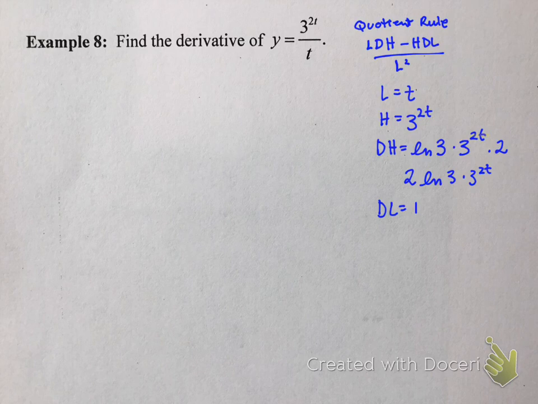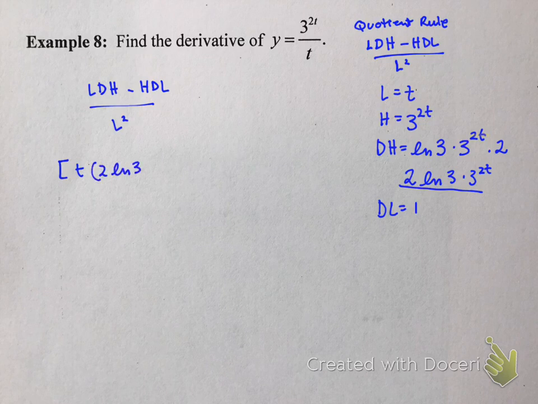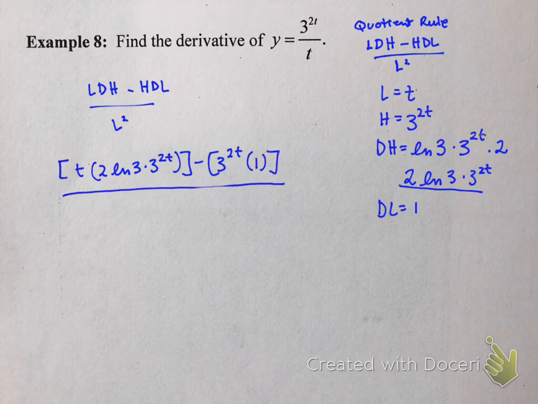All right, so let's go ahead and put the pieces together. Low d high minus high d low over the square of what's below. Okay, so the low function, once again, was t. The derivative of the high function we found to be 2 times ln of 3 times 3 raised to the 2t minus the high function, which is 3 to the 2t, times the derivative of the low function, which is 1, all over the low function, which is t squared.